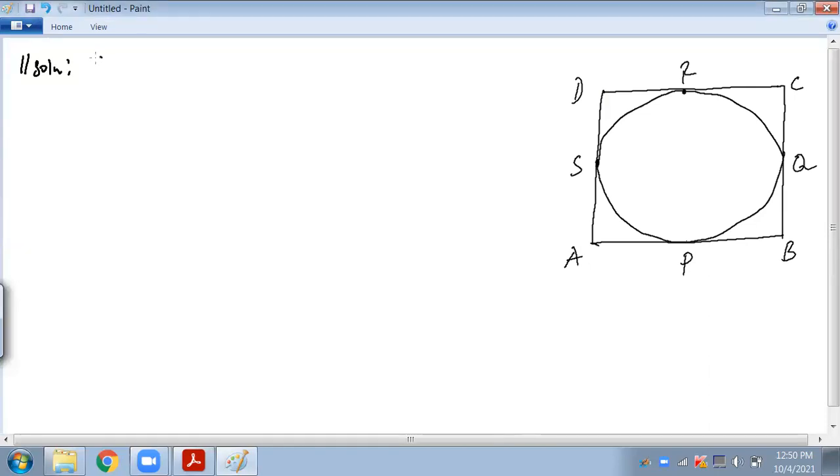So given is what? ABCD is a parallelogram circumscribing a circle.